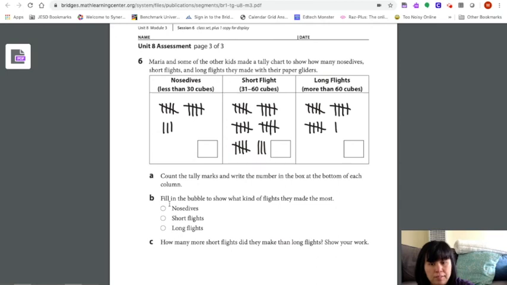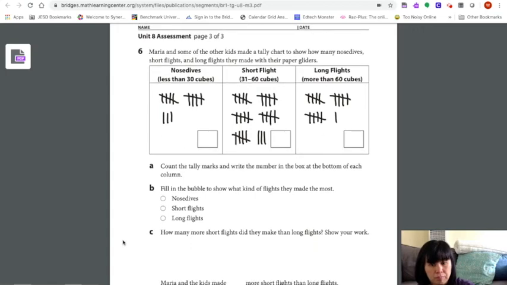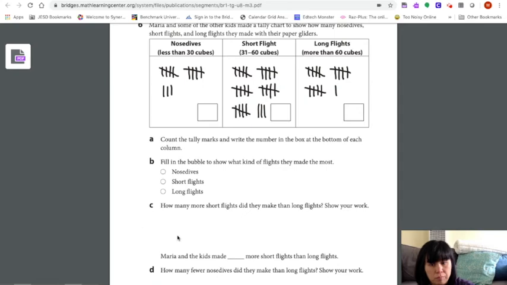Number B says, fill in the bubble to show what kind of flights they made the most. So which one was the most? This one, the nosedives, the short flight, or the long flights? Fill in your bubble here. Number C says, how many more short flights did they make than long flights?